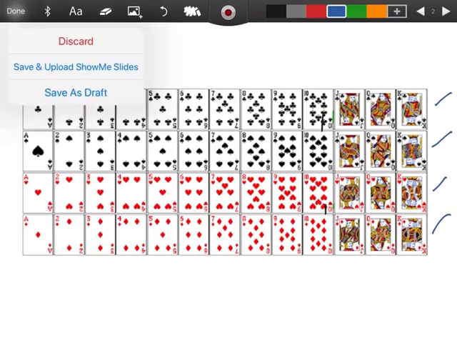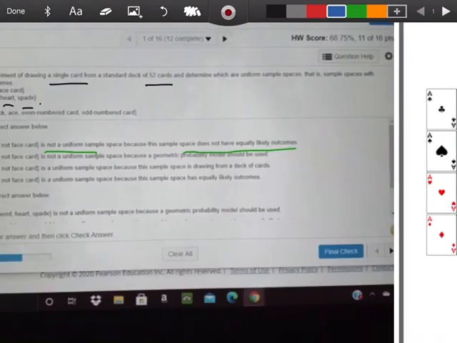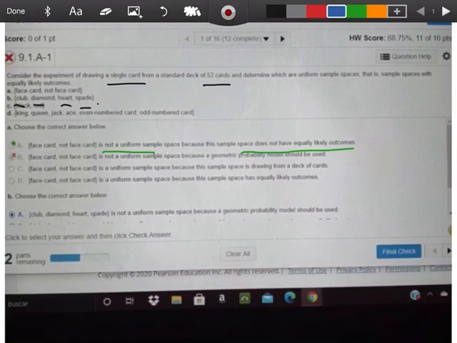So we have an equally likely outcome for that. So for part B, I'm going to say it's uniform because the sample space has equally likely outcomes. Okay, so that would be my choice for part B.